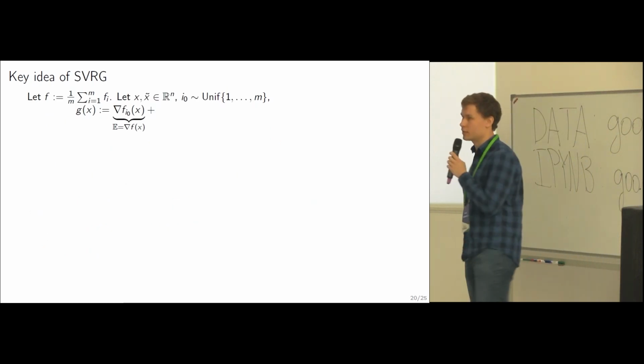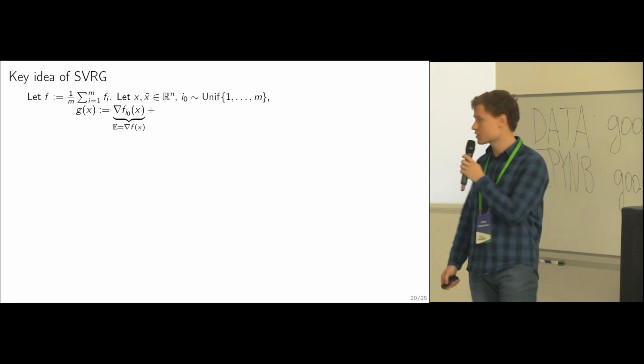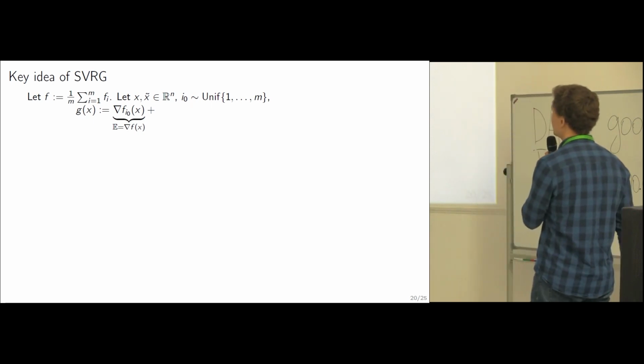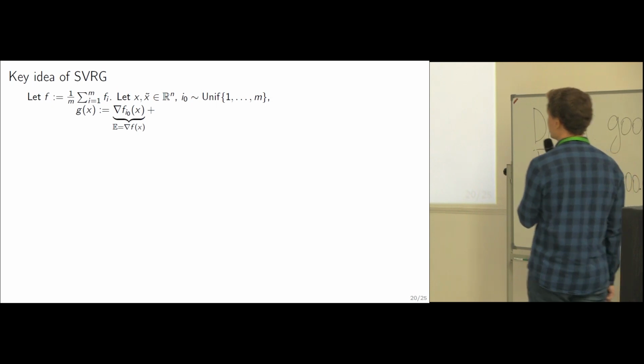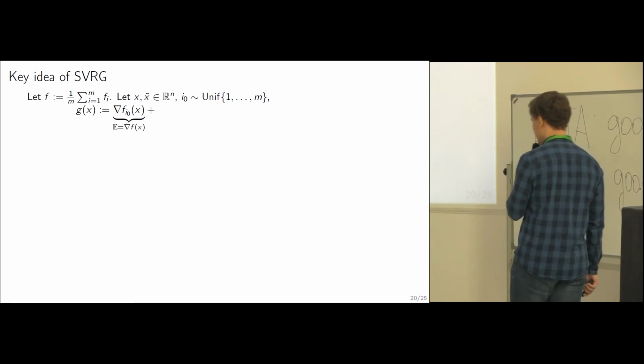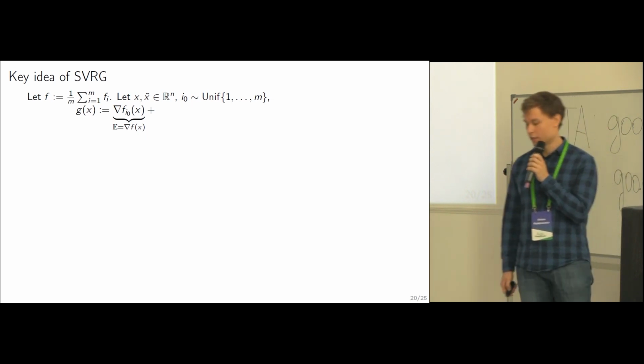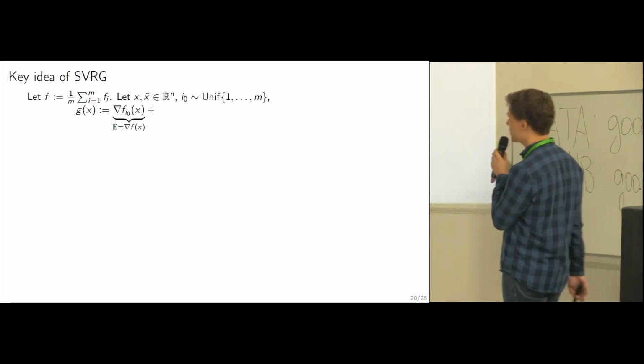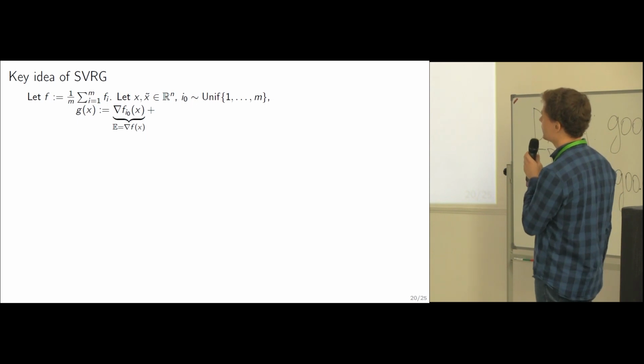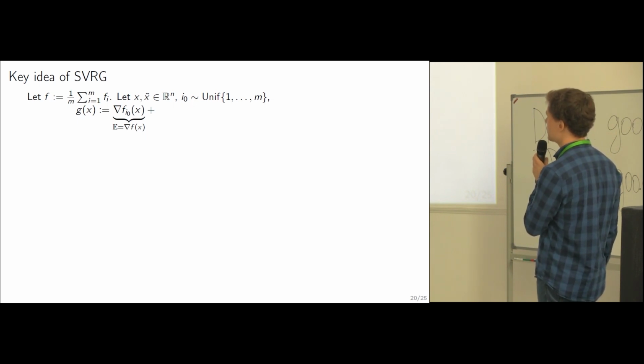It's the key idea behind the SVRG method, but I think it is also very important because it is a general idea that can be applied not only inside this SVRG method, but in many different situations as well.